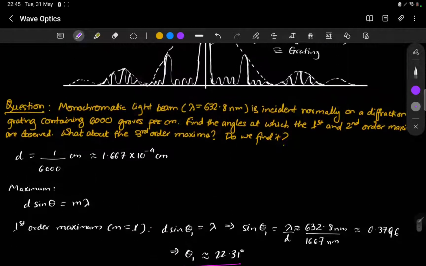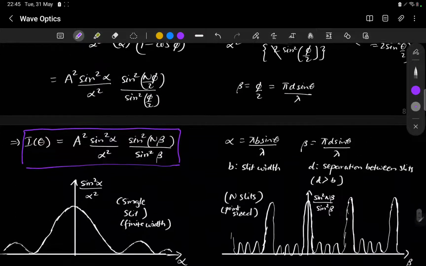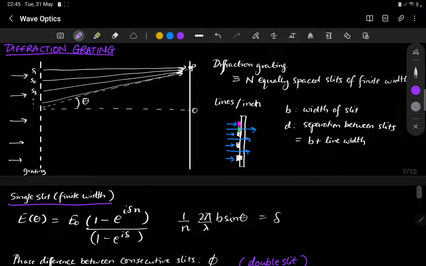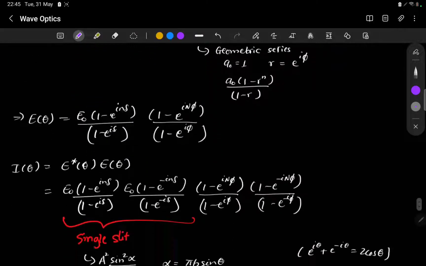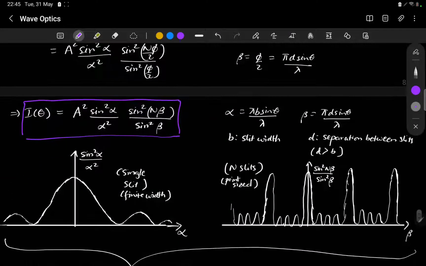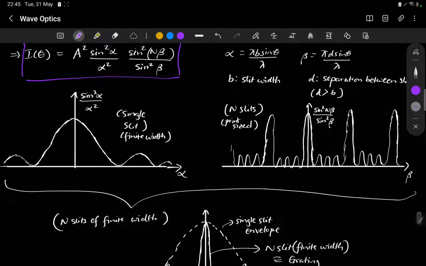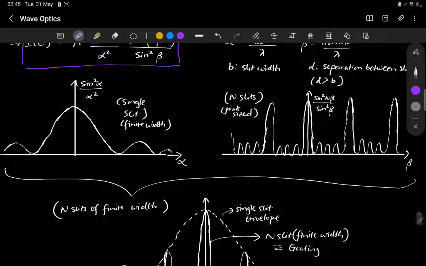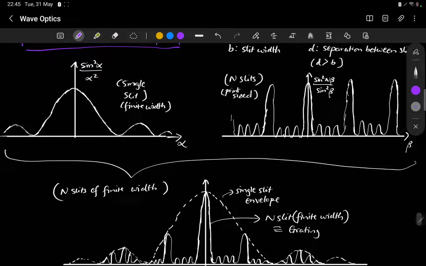So this concludes the question. In this lecture, we saw the intensity pattern for a diffraction grating. We first saw what a diffraction grating is: essentially n equally spaced slits of finite width. Then we saw that the intensity pattern of the diffraction grating is essentially the product of the single slit finite width pattern with the n slits pattern, in which each slit is infinitesimally small or point sized.